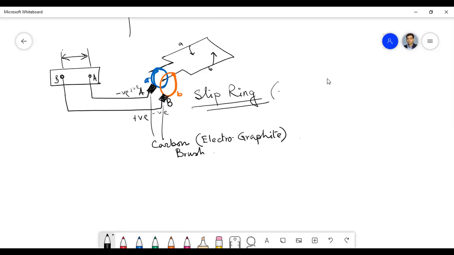For the slip ring, we use special type of copper, and that is called the hard drawn copper. So this material is used for the slip rings, and for the coil we use simple copper.